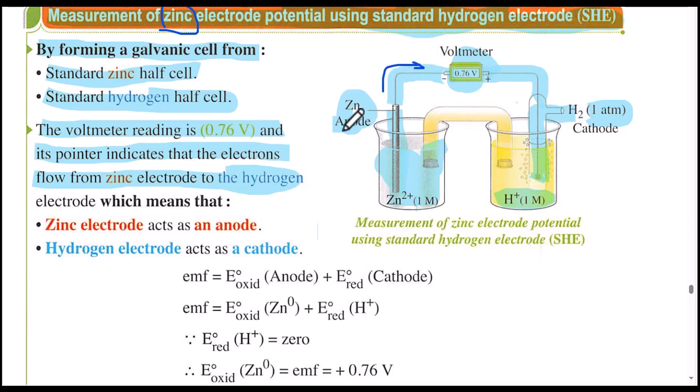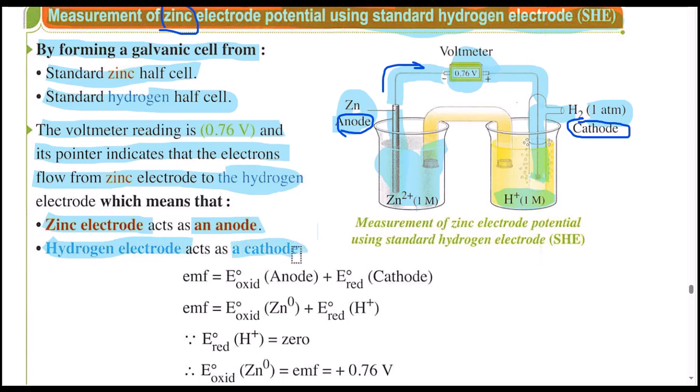It means that the zinc electrode acts as anode and the hydrogen electrode, the standard hydrogen electrode, acts as cathode.